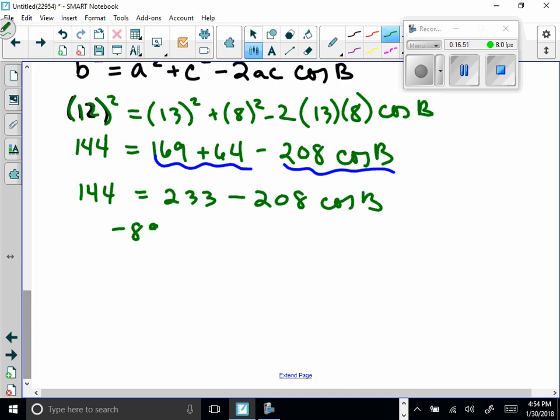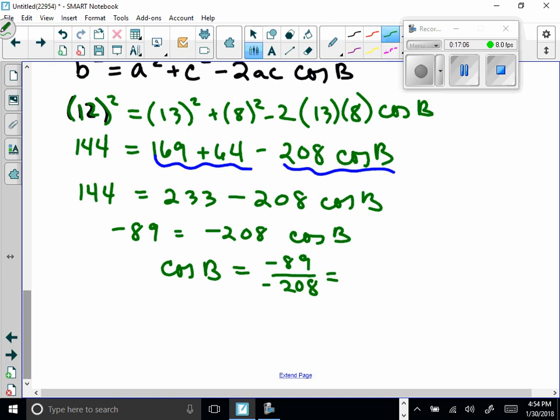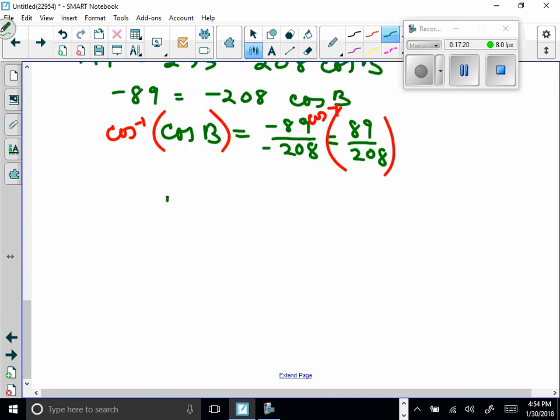That's going to give me negative 89 equals negative 208 cosine B, and then we're going to divide by negative 208, which gives me cosine B equals negative 89 over negative 208, or 89 over 208. Then we want to take the inverse cosine of both sides. And I get B is going to be the inverse cosine of 89 over 208, which is approximately 65 degrees.